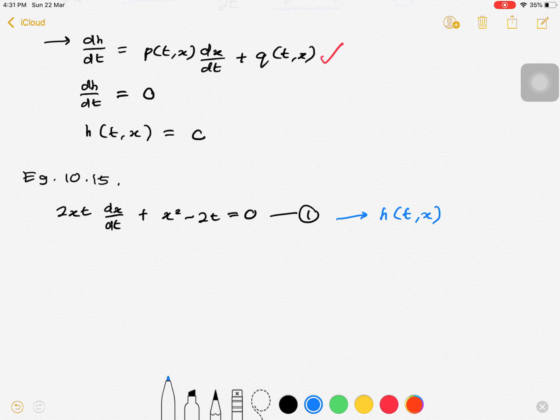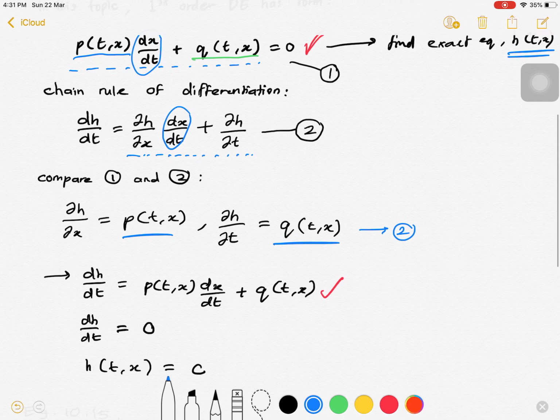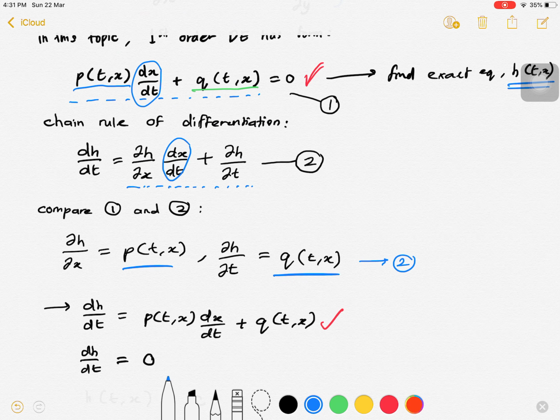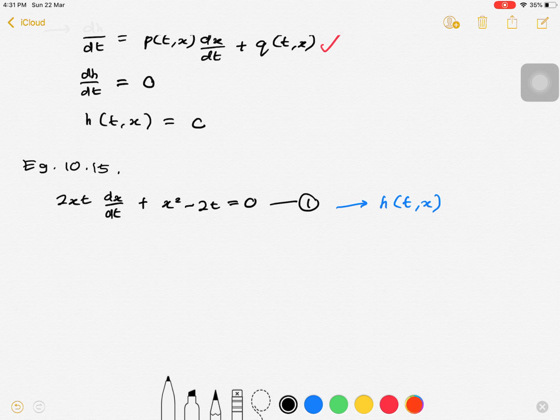So we can compare this equation with formula 2. When we compare it, we can see that delta h delta x equal to 2xt and delta h delta t equal to x square minus 2t.